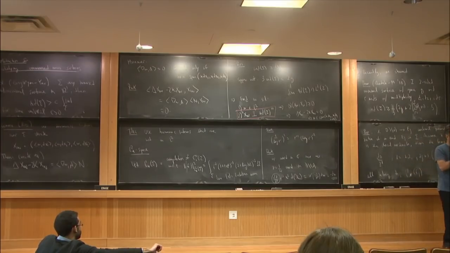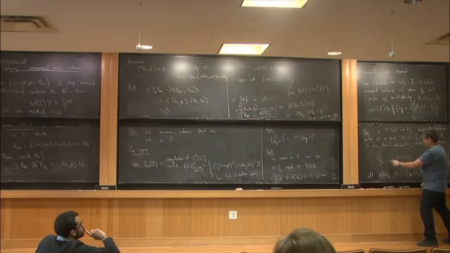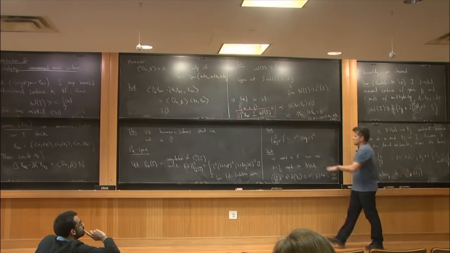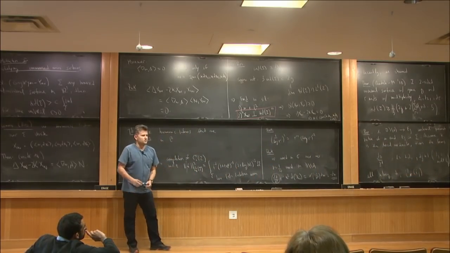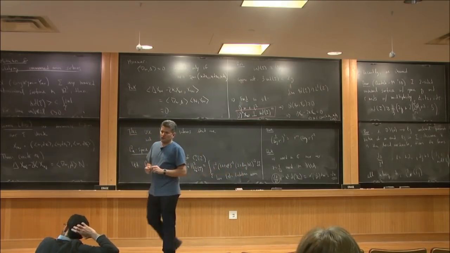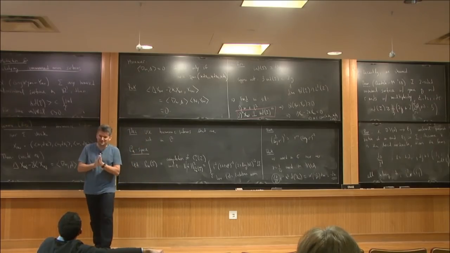It has geometric norm 1. So the fact that I'm able to integrate dz over z to the l all the way up to here comes from the fact that this norm can integrate constants. Okay? So is it clear that this is the best you can do? Not clear yet, no.